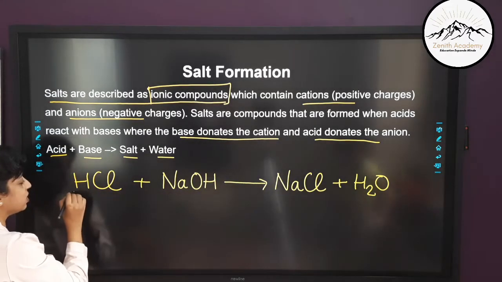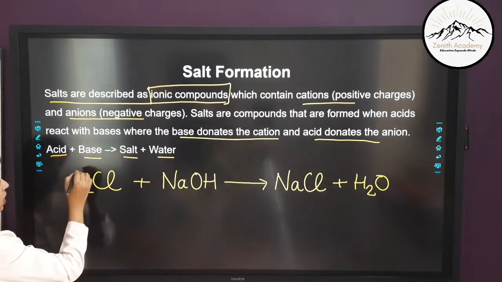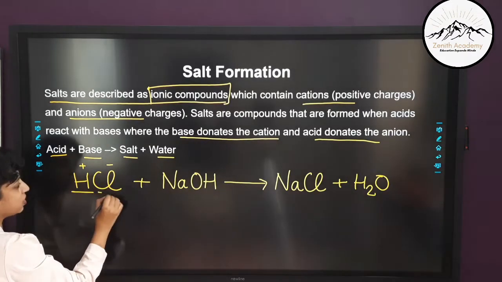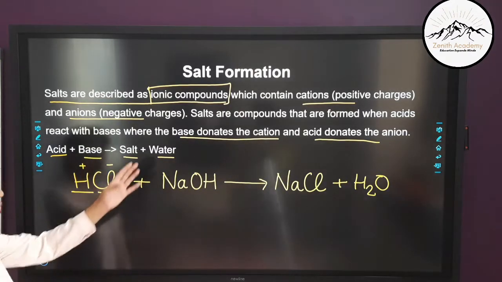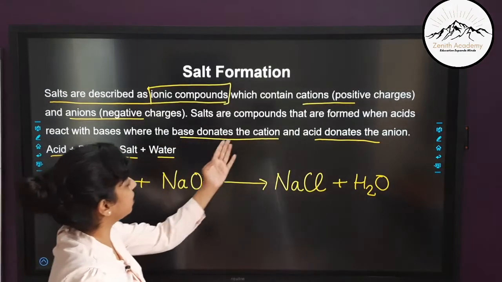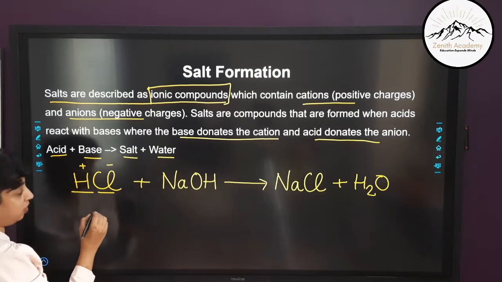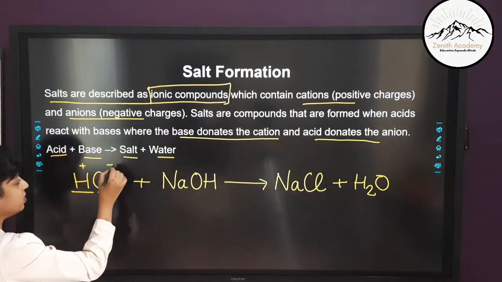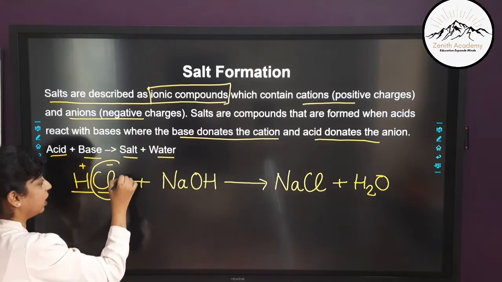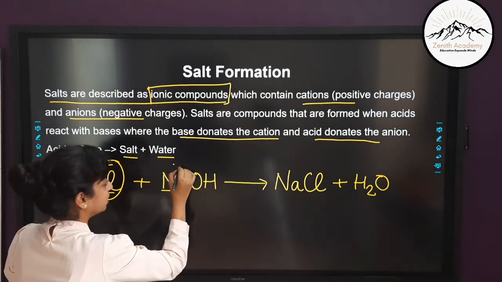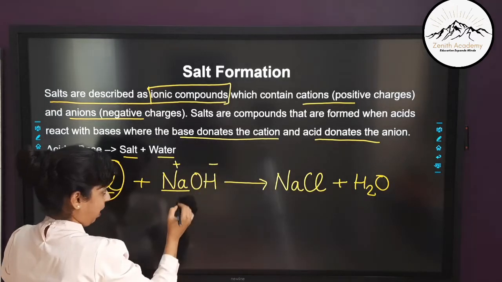So from this acid we see H plus is positive and Cl minus is negative. So the base donates the cation and acid donates the anion. Acid is donating this anion. And base is donating this cation. This is Na plus and OH minus.